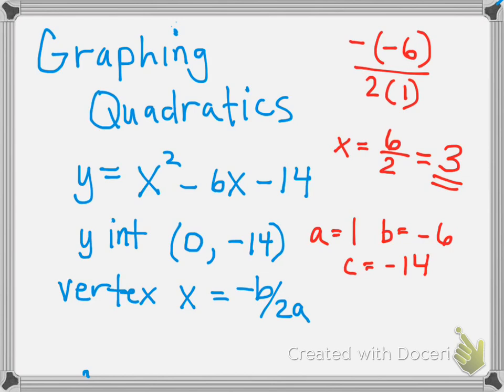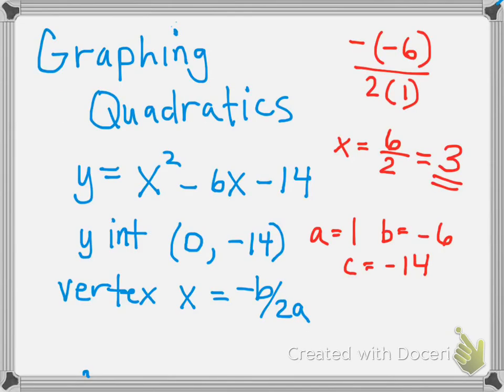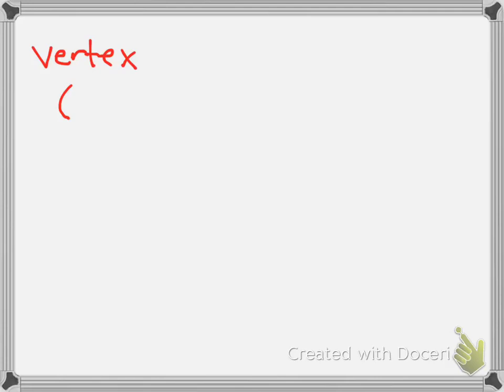Okay, so what this means is the x of the vertex, if you look back here, was 3. Okay, here's my equation again.